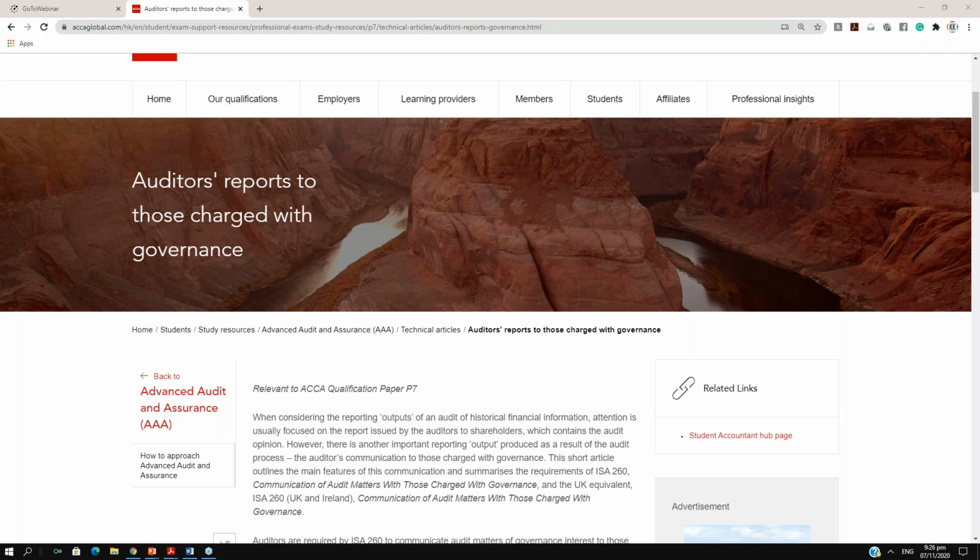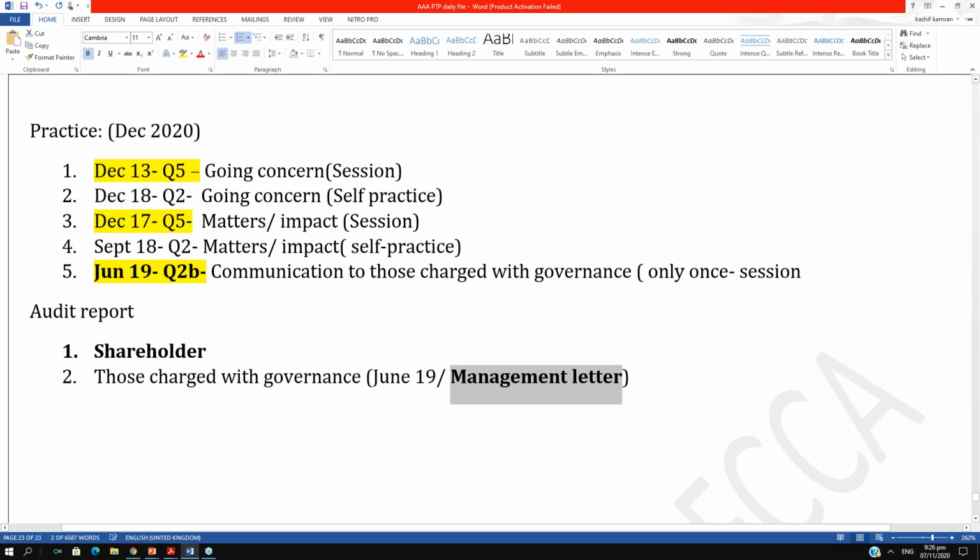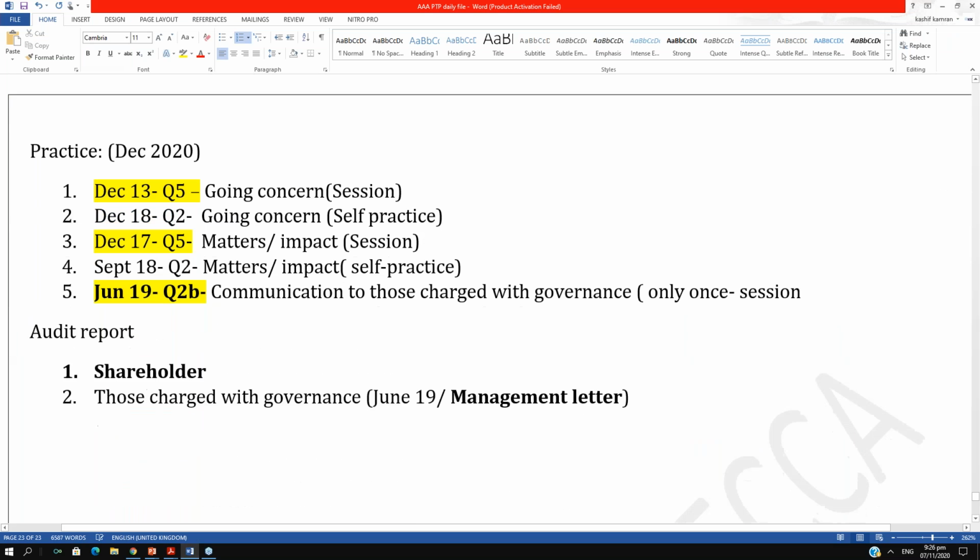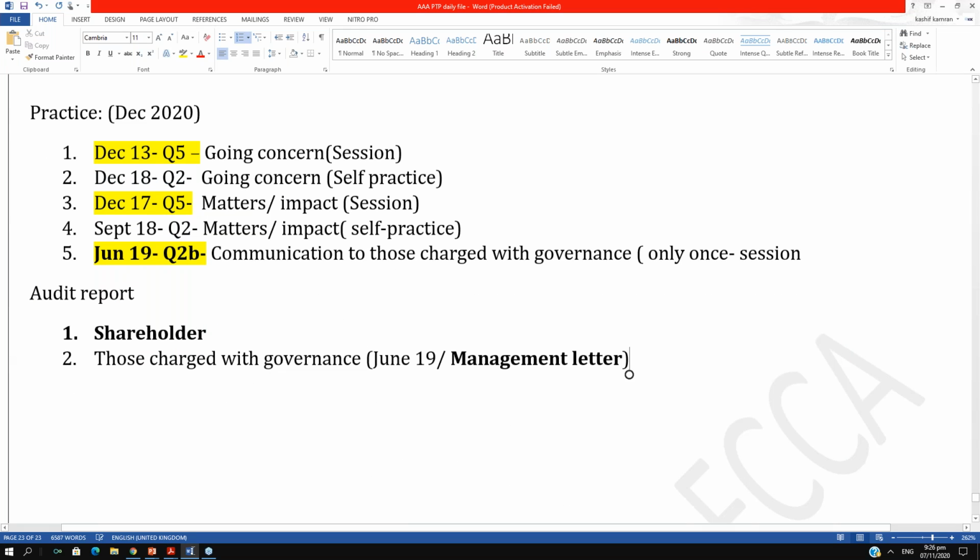I hope all of you got the hyperlink, and you can download this article. It is such an important article if you want to attempt a question on the June 19 exams. Later we'll come across this question on those charged with governance.